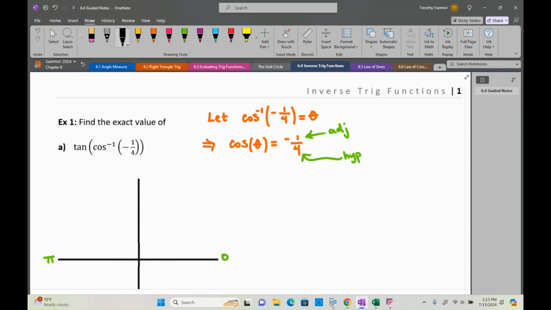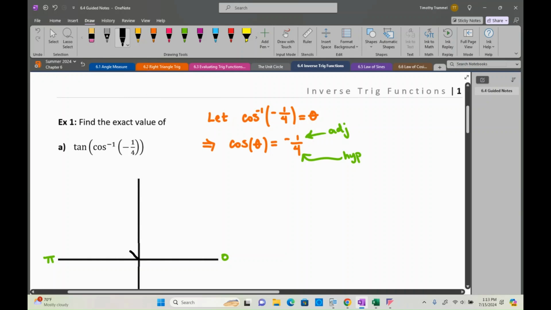So we can go in here and sketch ourselves a right triangle. Why don't we go ahead and do that? And so this right here is going to be our angle theta. And inside here will be our reference angle.